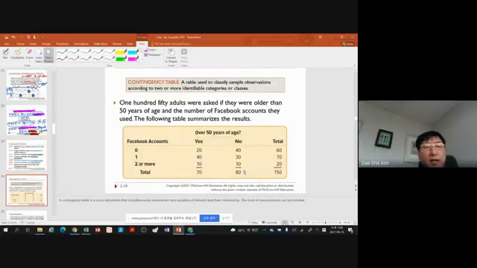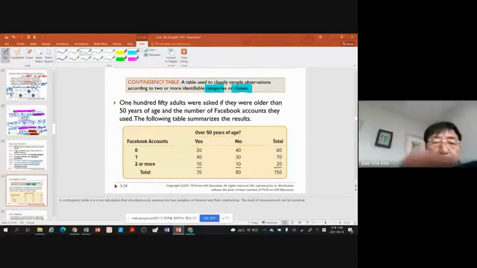Contingency table, we studied in the previous chapter, chapter 4, a table used to classify sample observations according to two or more identified categories. So we need to divide our data into different categories and classes. For example, a total of 150 adults were asked.